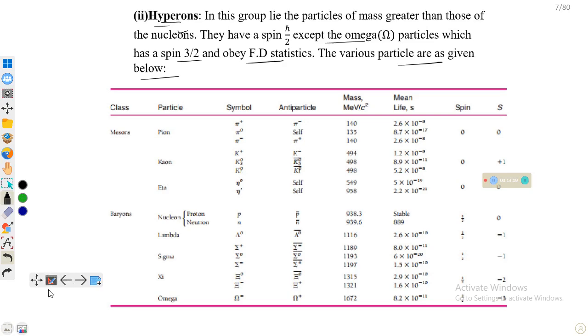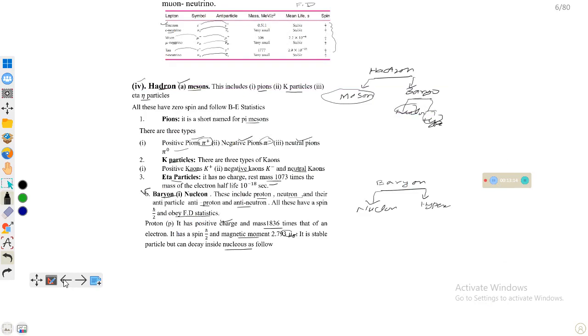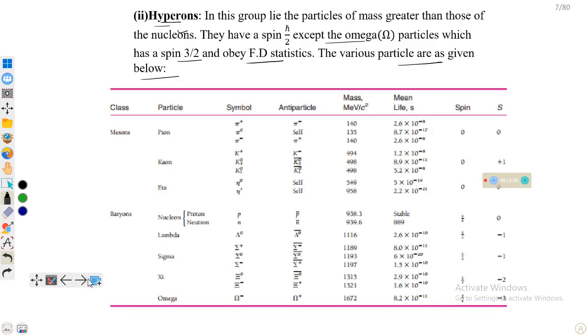If I go back to the previous categories, these are all hadrons, and hadrons are divided into two categories: meson and baryon. Meson is further divided into three sections.